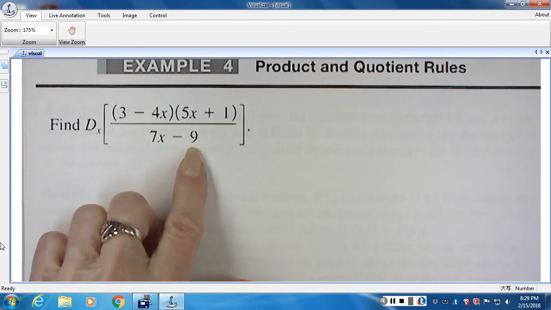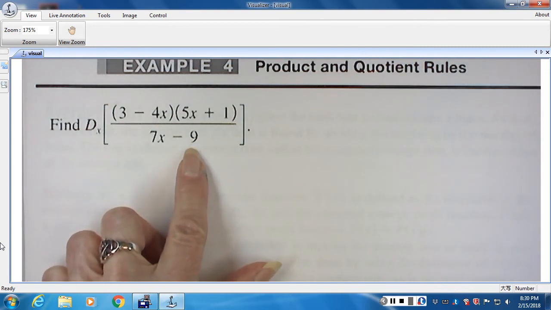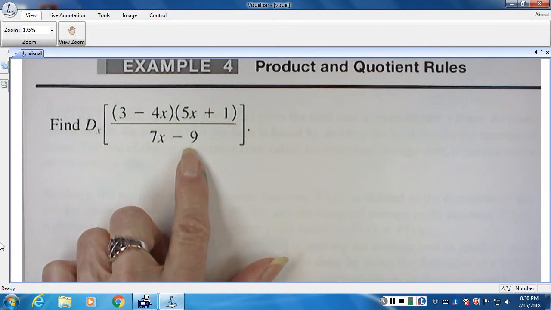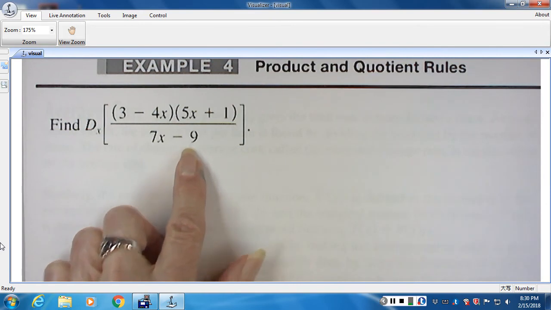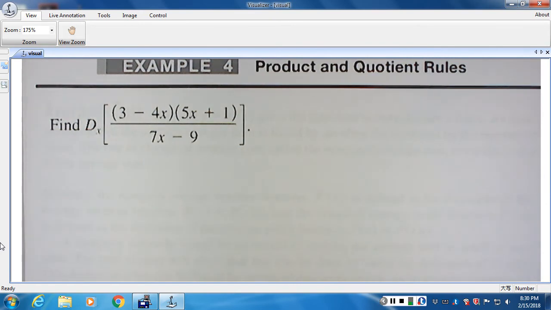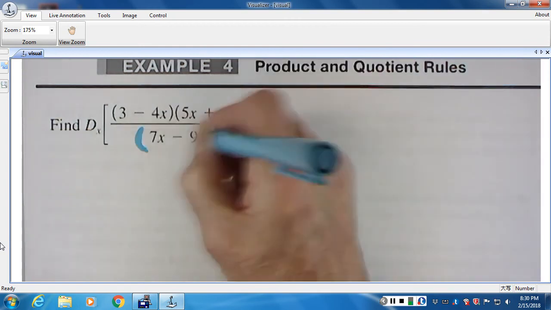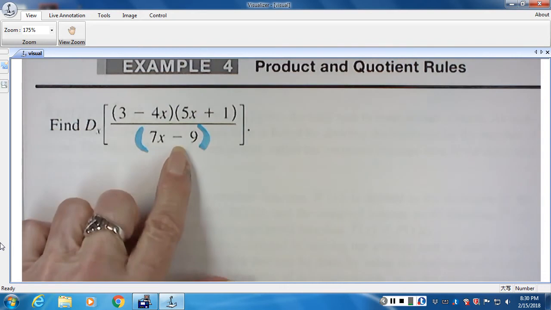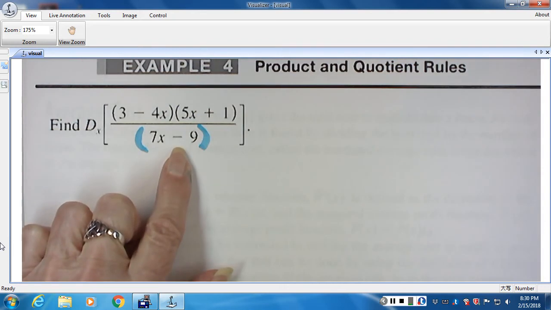This one uses both rules together. Please don't try to do both rules together. Do them one at a time. So all over the denominator squared. So on this one, I know eventually that's going to be 7x minus 9 in the bottom squared.